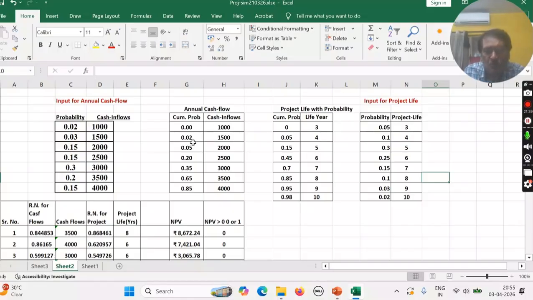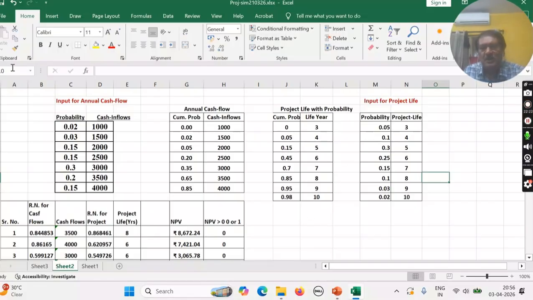That means up to 0.02, if the random number is 0.02, the cash flows will be this. Similarly, suppose the random number is up to 0.20, then the cash flow will be 2000. In this way, as I have already discussed in sheet 1, I have prepared this table. Project life is this with probability, and the cumulative we have prepared here.